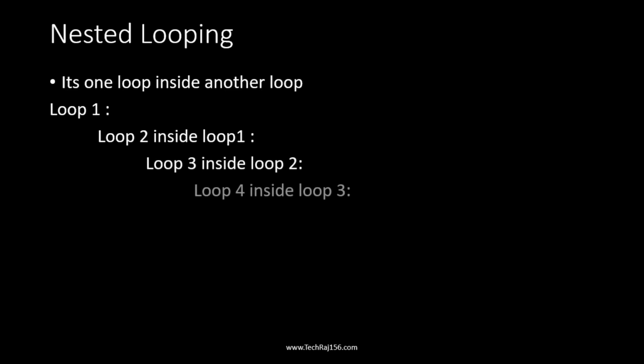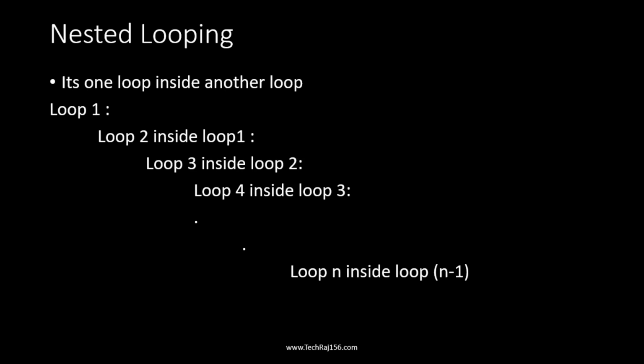Let's say loop 1 is started, and inside loop 1, loop 2 is started, and inside loop 2, loop 3 is started, and inside loop 3, loop 4 is started, and so on. Loop n is started inside loop n minus 1. This is exactly what we call nested looping.